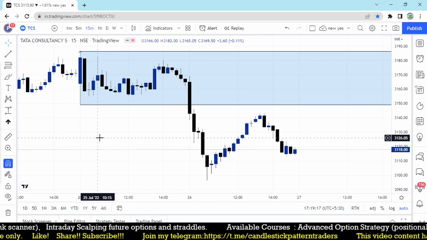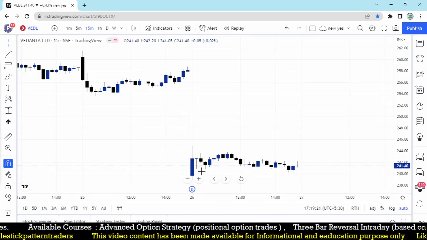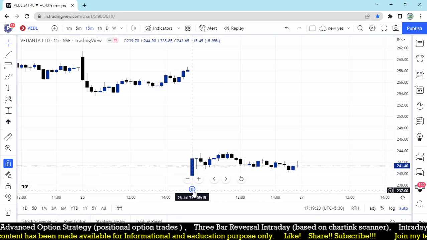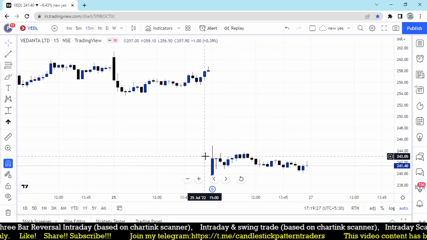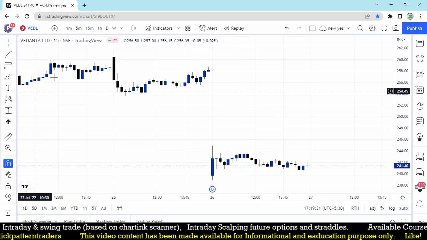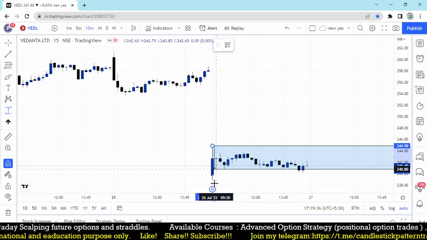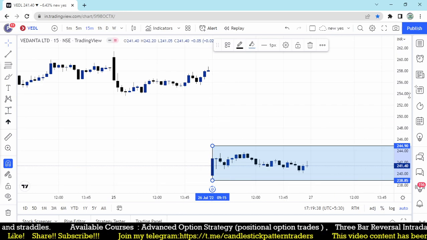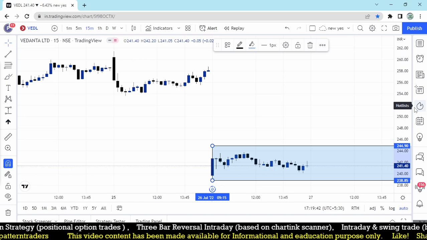Let me show you. VEDL had a very big move recently, and there was also a dividend, which is why it fell today. Almost 19.5 rupees dividend was generated. But you see, after opening today, it never broke the first 15 minutes high or the first 15 minutes low. The first 15 minutes candle range is 244.90 and 238.85.